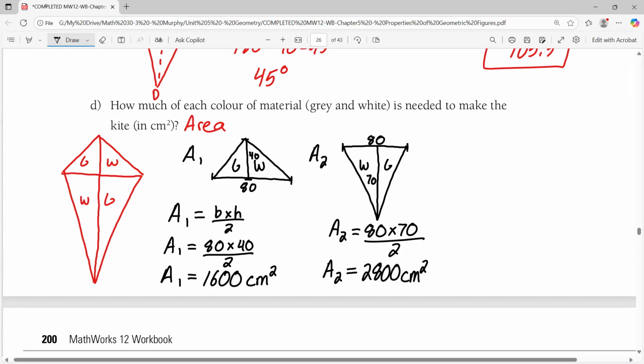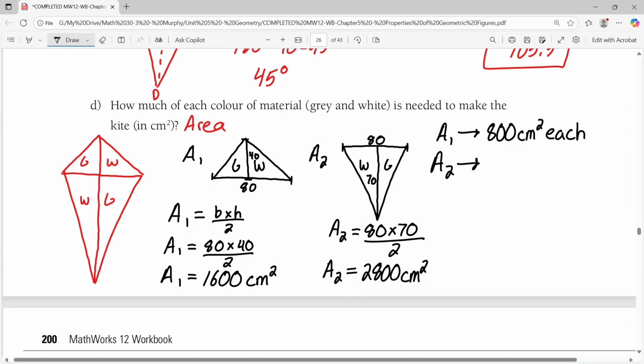Now, for the white and the gray. So area 1, if we take that and divide it by 2, because we got to cut the colors in half, 800 centimeters squared for each color. And then area 2, it's perfectly in half.